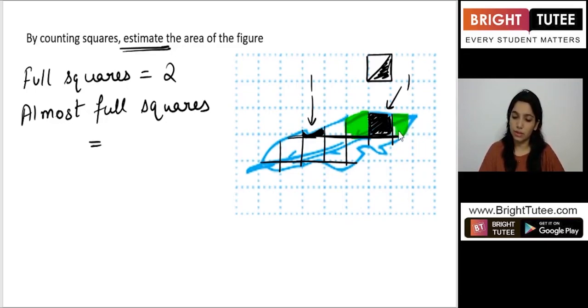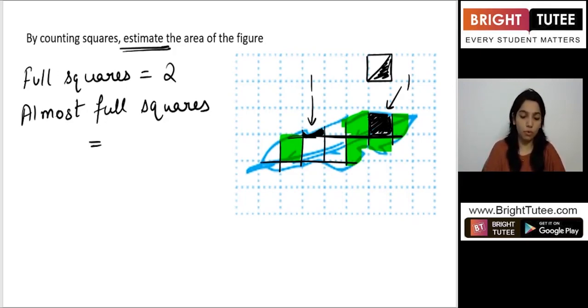Then this is 3, 4, 5, okay? Then we have got, this is half. Then we have got 6, right? So these are almost half squares, or we can say greater than half squares. Okay, either you write almost full squares or you can write more than half squares.